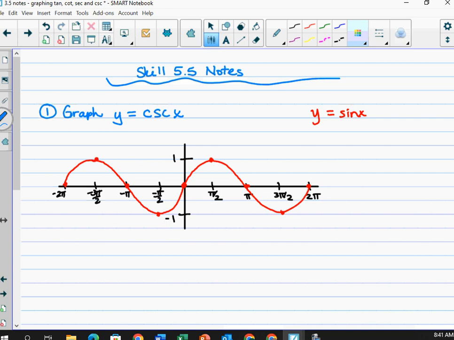You know the parent graph of sine, you can do it.